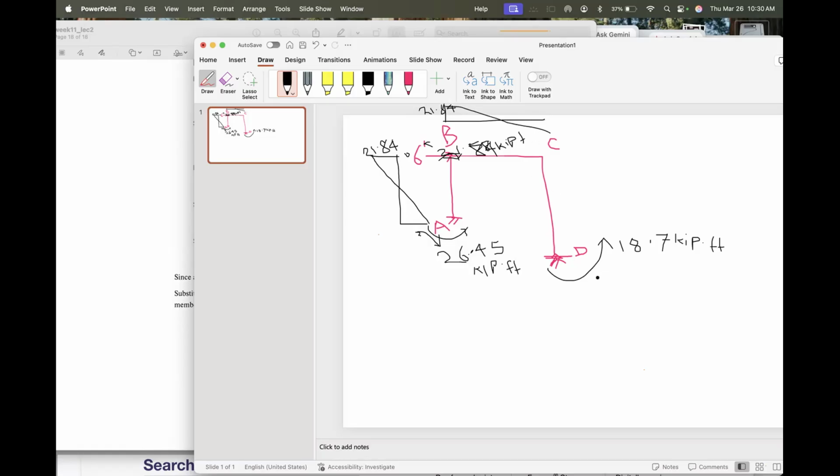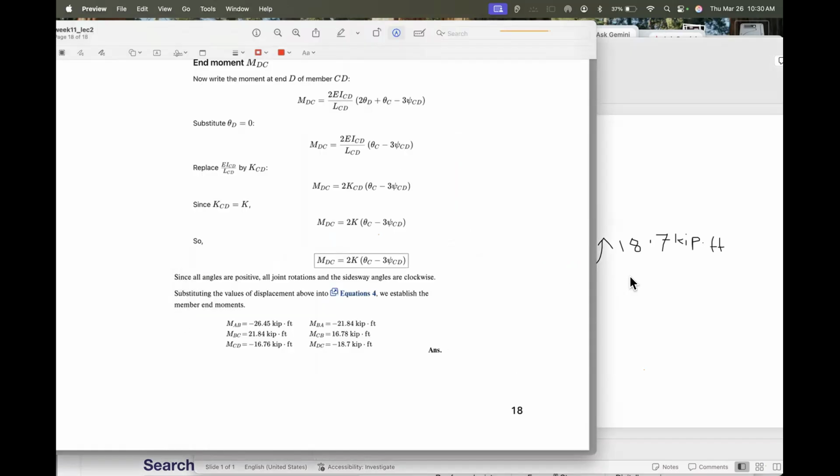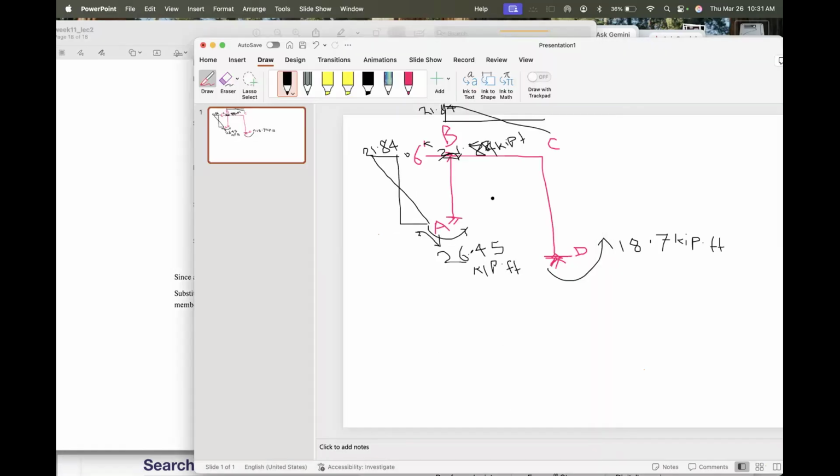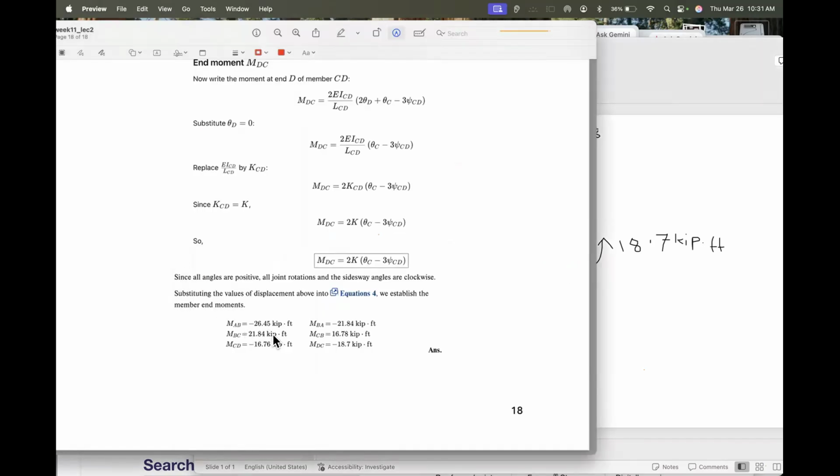And okay, let's draw 18.7 and here DC, CD minus 16. Look at this, M_CB is 16.78 kip-ft. So it's going down 16.78 you will get, and you have another one, positive, negative. This one is negative and it's a positive you have. Look at this. Okay.